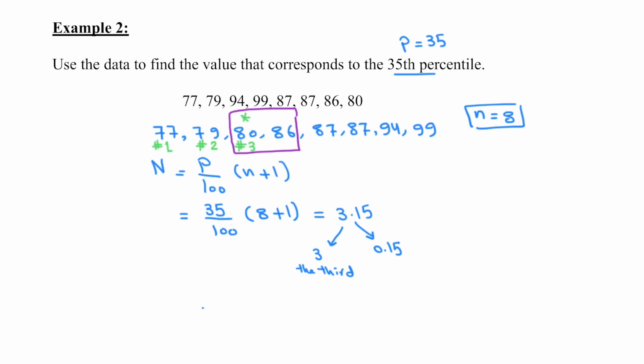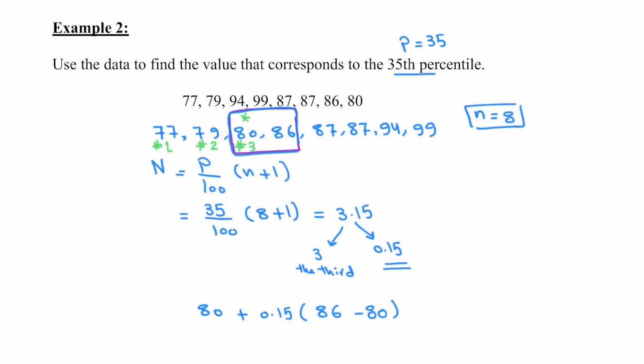So we will write 80 plus the multiplication of the decimal part and the difference between the fourth and the third value, 86 minus 80.